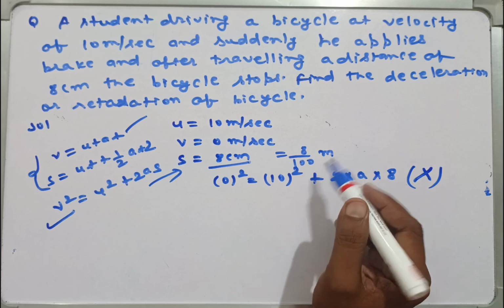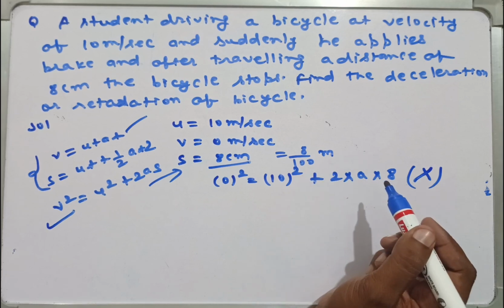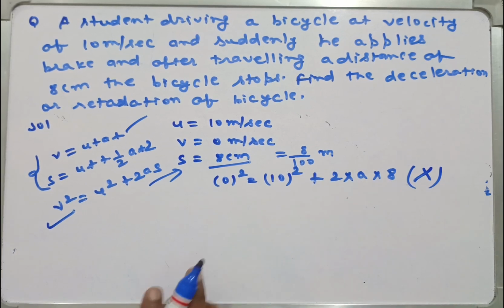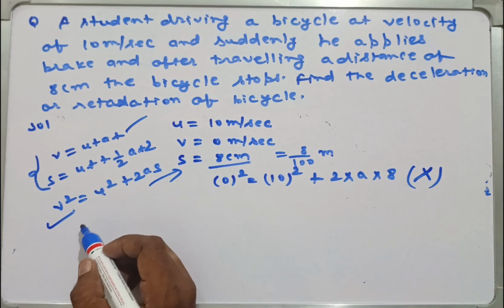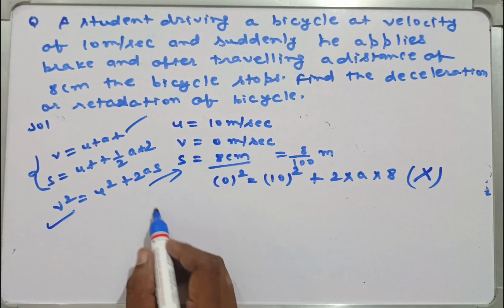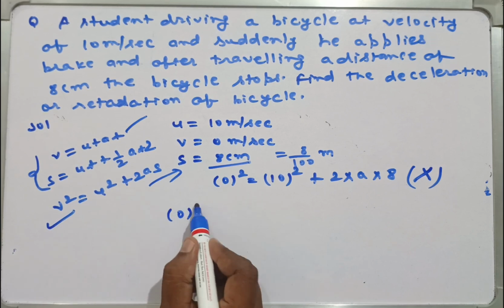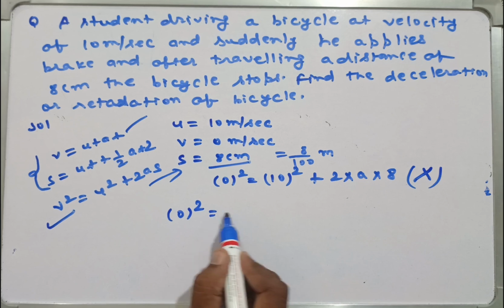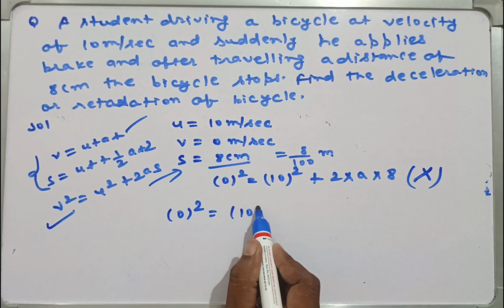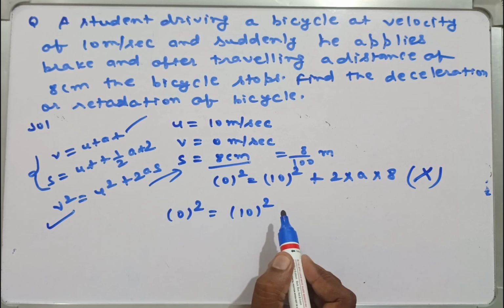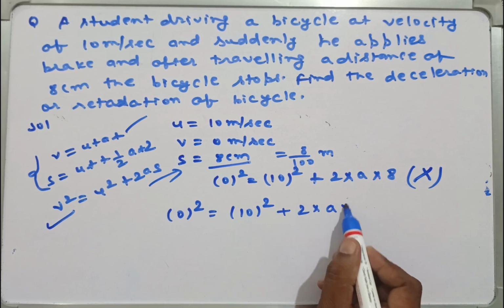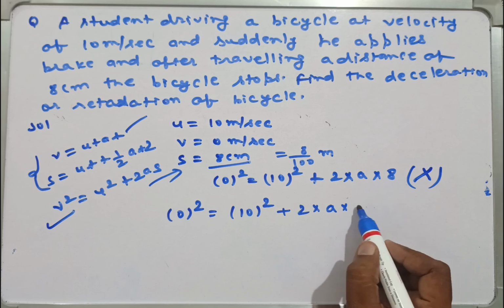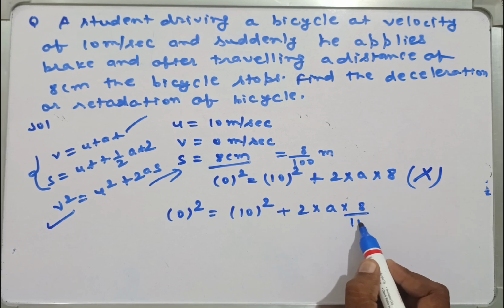So this becomes 8 by 100 meter. Okay, so now we can put the value of what we have. So final velocity is 0 squared, then initial 10 squared, plus 2 into a. Now s equal to here 8 by 100.